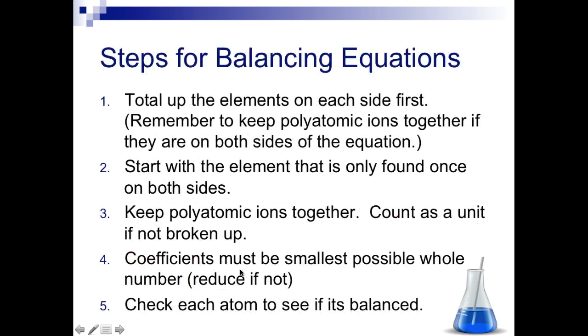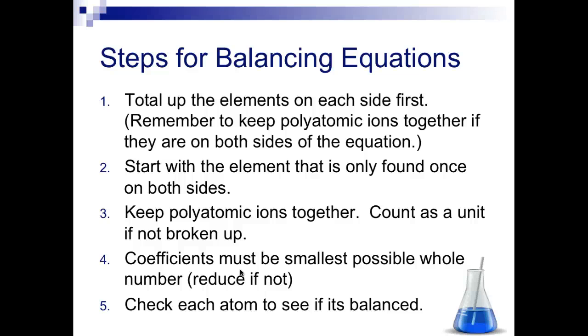So there are 5 steps for balancing chemical equations. The first is to total up the elements on each side. Then you're going to start balancing and adding coefficients to the element that is only found once on either side of the equation. You want to keep your polyatomic ions together, those big groups that form ions, and count them as a unit if they are not broken up.